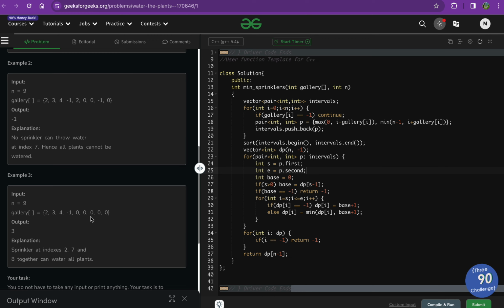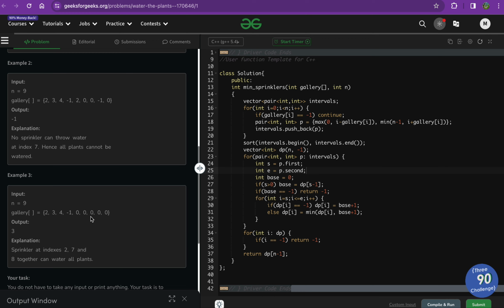So we already got the idea from the problem that there will be intervals at each index. The element can water from the first index to the last index. So we can figure out these intervals via each sprinkler, then we have to combine those intervals: the minimum number of intervals we can take so that the entire range is covered.